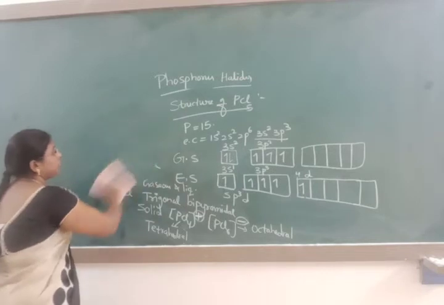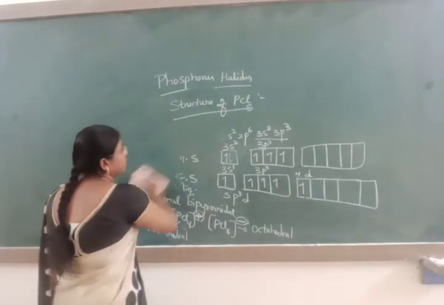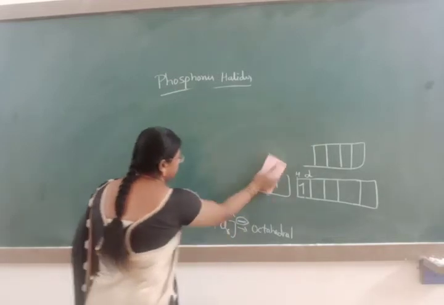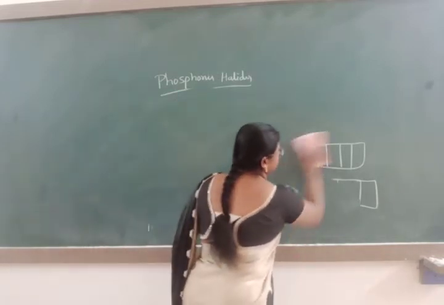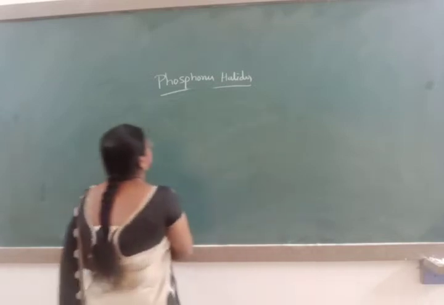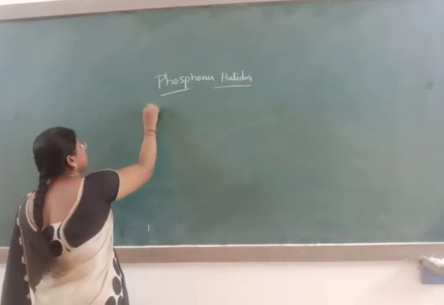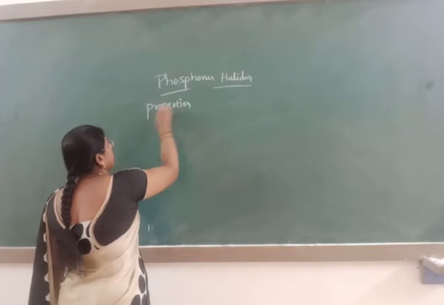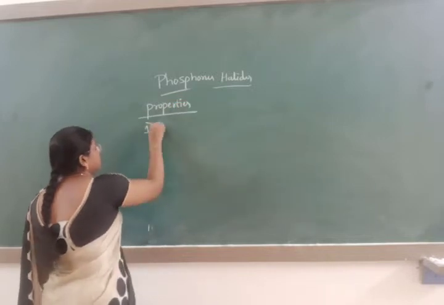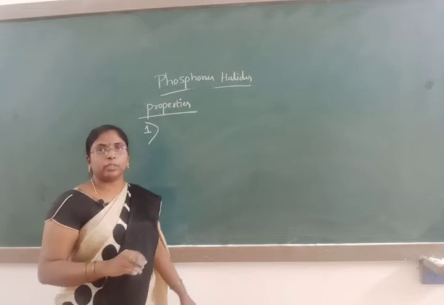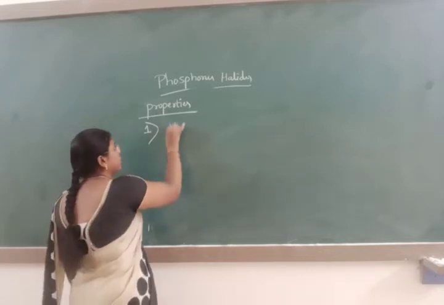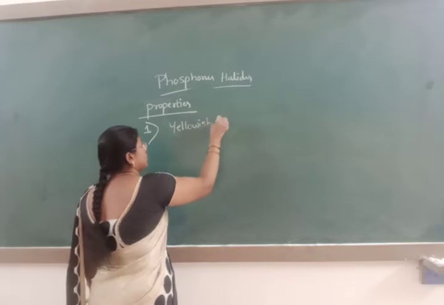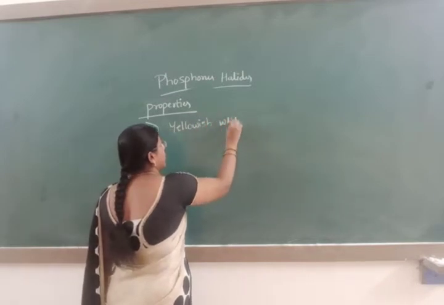Next we shall move towards the properties of PCl5. PCl5 is a yellowish white powder, light yellowish.